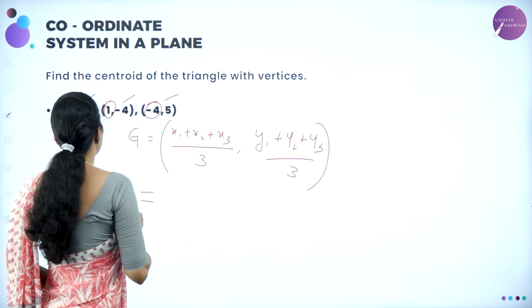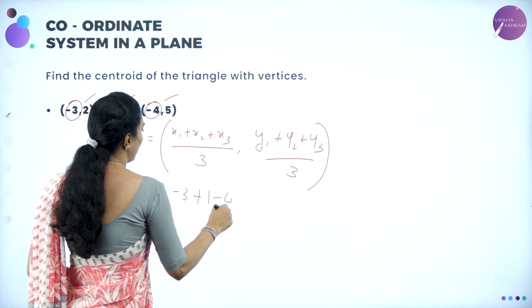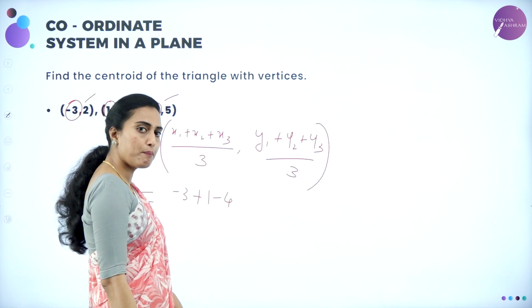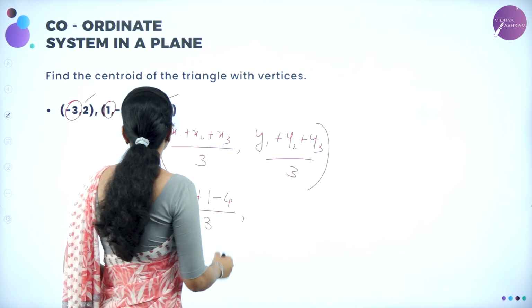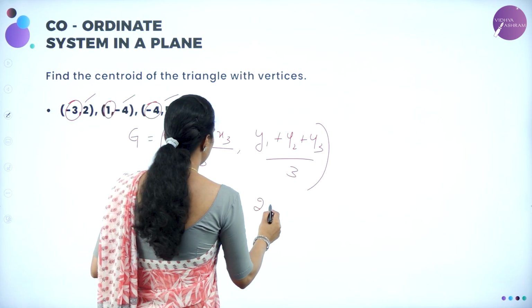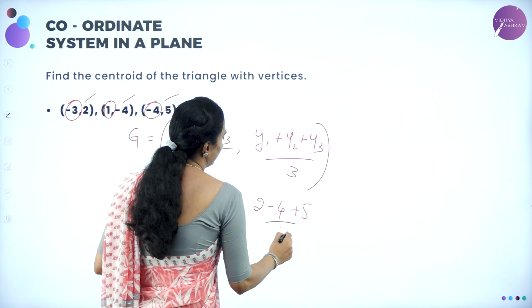So the answer you are going to get is minus 3 plus 1 minus 4, because plus into minus is minus, divided by 3, comma, y1, that is 2 minus 4, again plus 5, divided by 3.